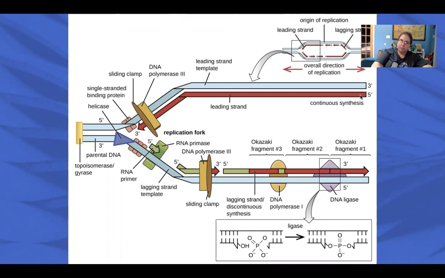So the primer would have been built, helicase is busy opening up the DNA to the left, primase builds a primer here, polymerase attaches to it, and then it just continuously builds following the direction of the helicase. Because it can just go continuously, that's what we call the leading strand.